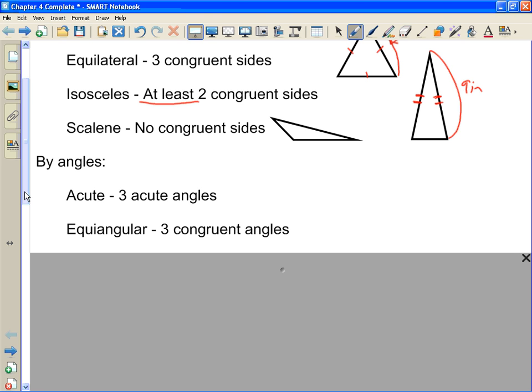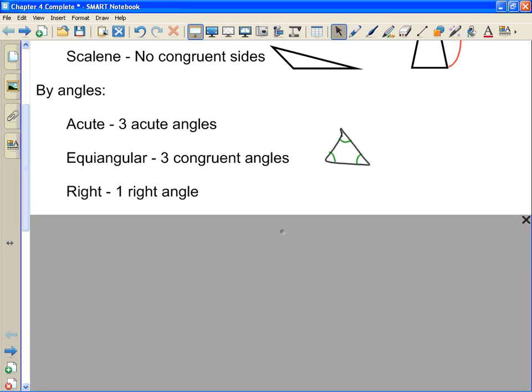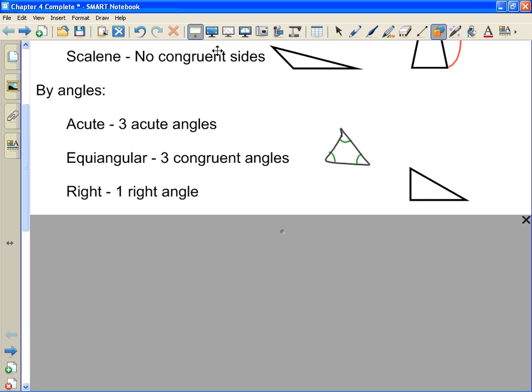So that's if I have 3 congruent angles. So if all 3 of my angles are congruent, okay, I would mark them with the same symbol. I can have a right triangle, which means I have 1 right angle. Okay, there's a right triangle. Make sure you mark your angle as right.